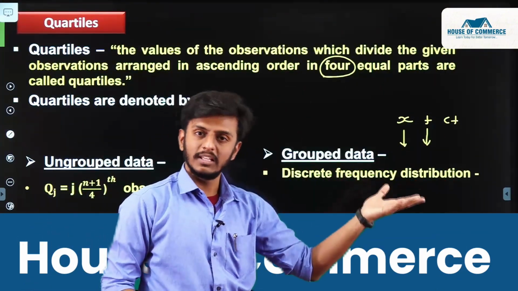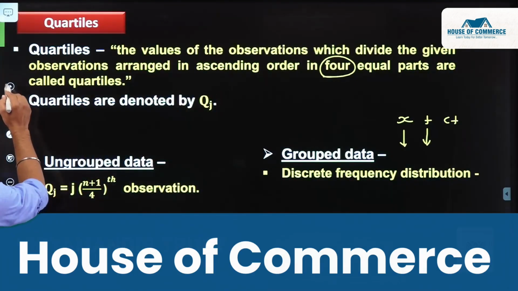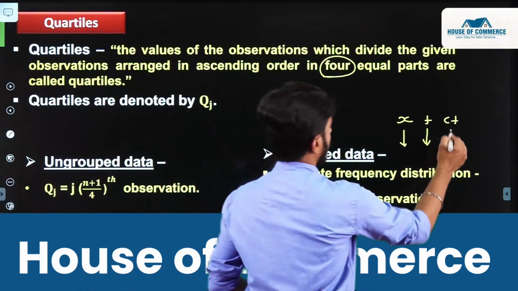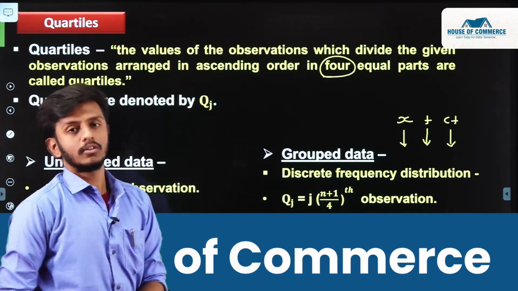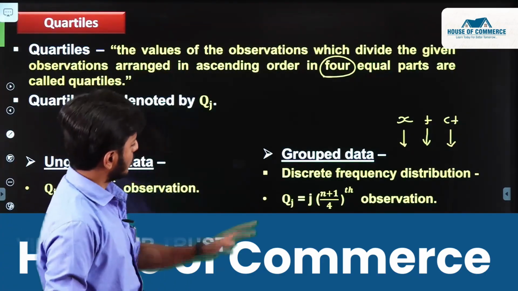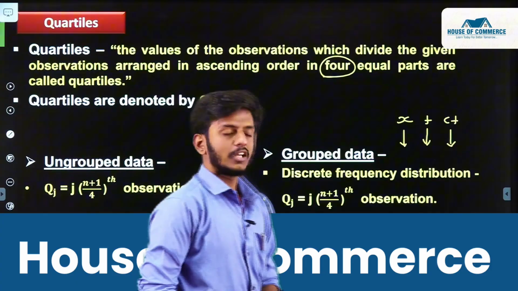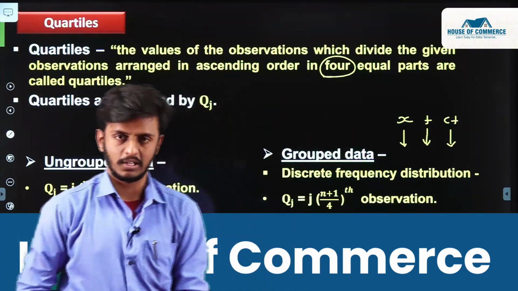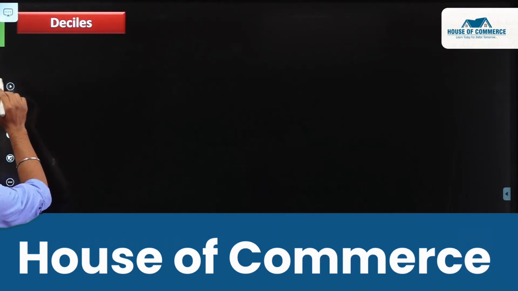So in this situation, we have to find the CF for the discrete frequency distribution, and we have to see which observation lies in the cumulative frequency. So the observation is Qj equal to j(n+1)/4th observation. Is it clear? Done.